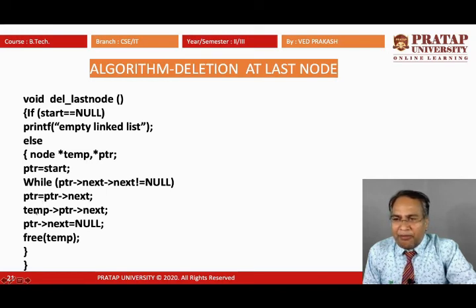Then PTR next is set to null, and after that we free the temp variable. Removing this temp pointer means deleting the last node of the linked list.